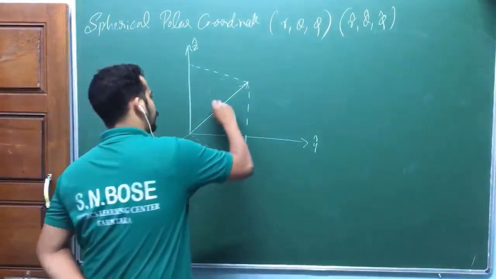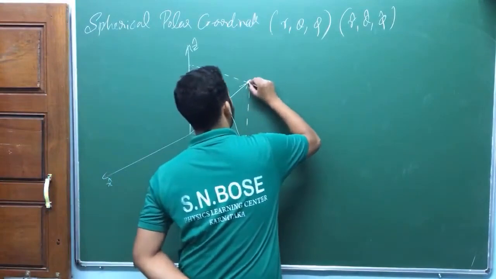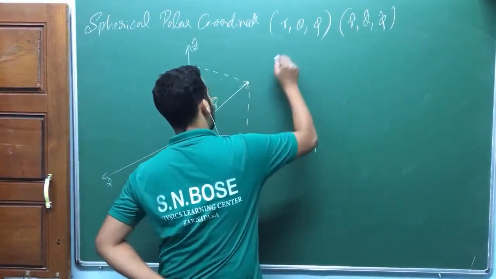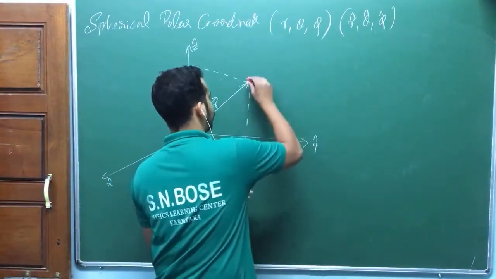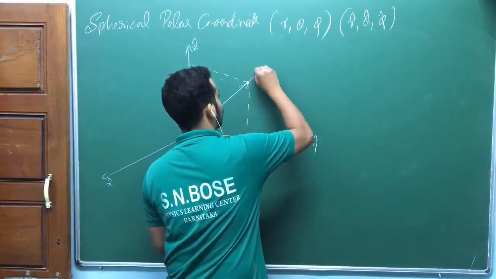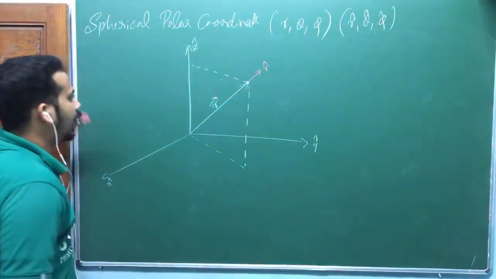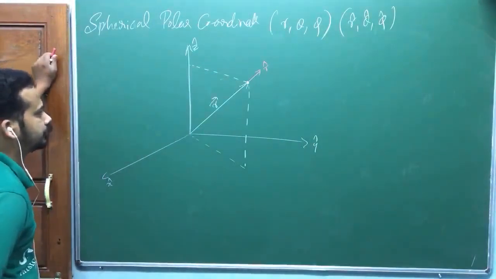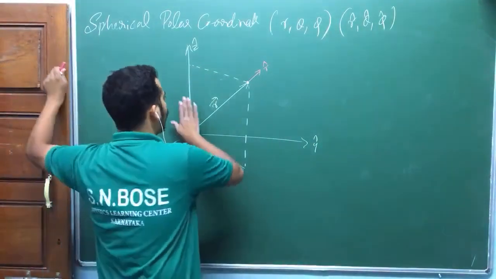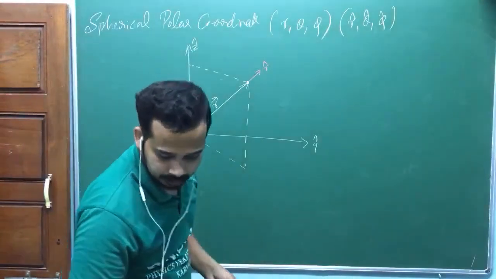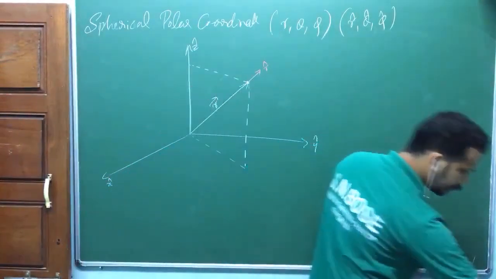If this is the R vector, again, if you take a point here, that r cap direction is this one. Can you see this chalk piece color? R cap direction is this one. And that r cap vector is on this plane. Can you imagine this plane? Wait a second, let me take some color chalk piece.